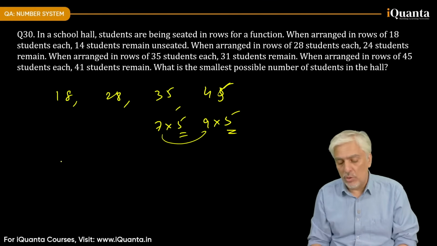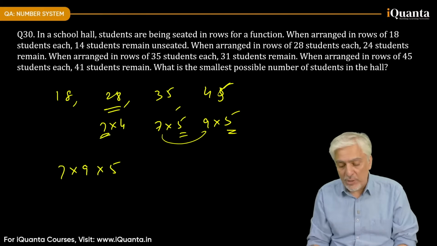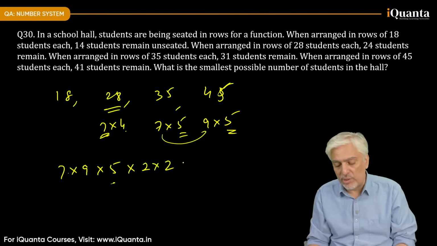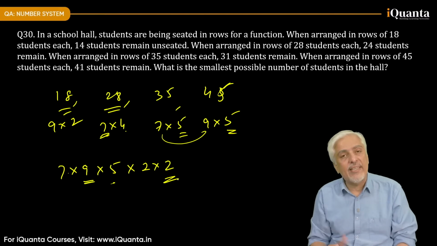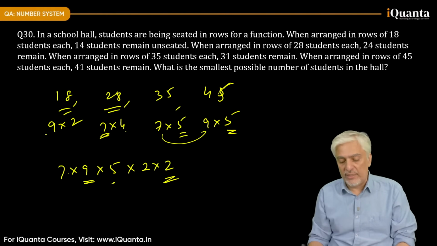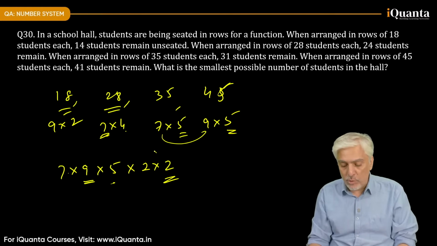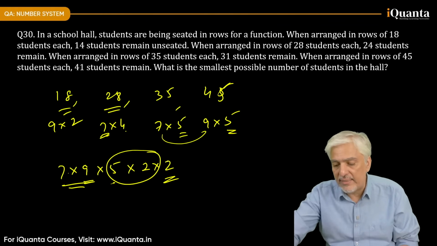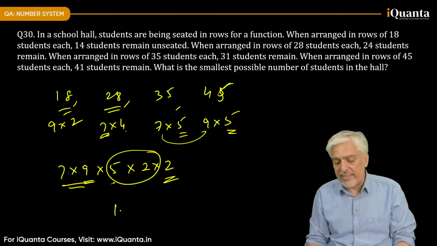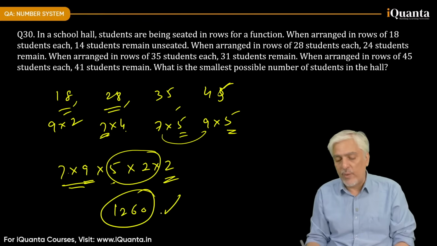This is how I do. 7 into 9 into 5 तो आ गया. 28 में 7 फोरजा है, तो 7 तो ऑलरेडी आ चुका है, 4 बिल्कुल भी नहीं आया है, तो 4 is nothing but 2 2s. 18 is 9 2s, 9 भी आ गया है, 2 भी आ गया है, तो सब कुछ आ गया है, तो 18 में कुछ जरूरत ही नहीं है, हो गया LCM. 5 2s is 10, 63 2s 126, 126 into 10, 1260. This is how I would do LCM.